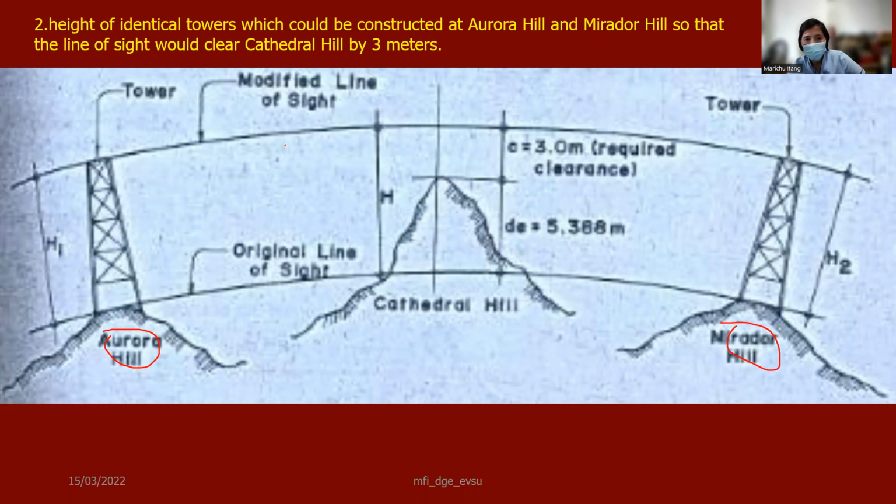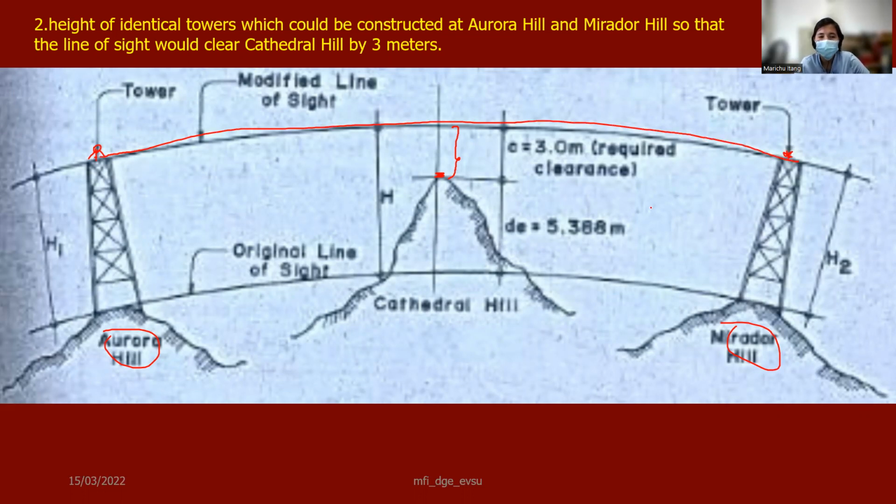Tapos mayroon pa siyang clearance na 3 meters. If this is the top of the cathedral here, gusto pa nila ng 3 meters na allowance para if pag nandito yung instrument, nakikita niya yung identical tower doon sa kabilang station.